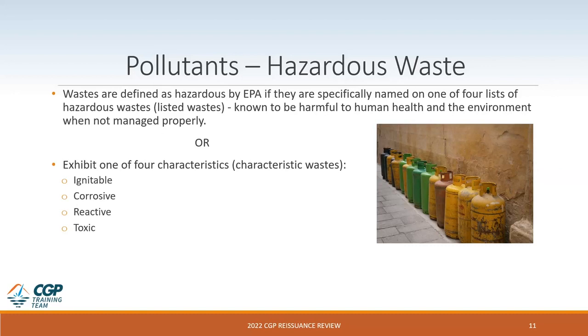Hazardous waste can be generated from a variety of sources and activities that occur on construction sites. They may come in the form of liquids, solids, gases, and sludges. Regardless of the physical state, hazardous waste will always exhibit at least one of four characteristics. They can be ignitable, corrosive, reactive, and even toxic.